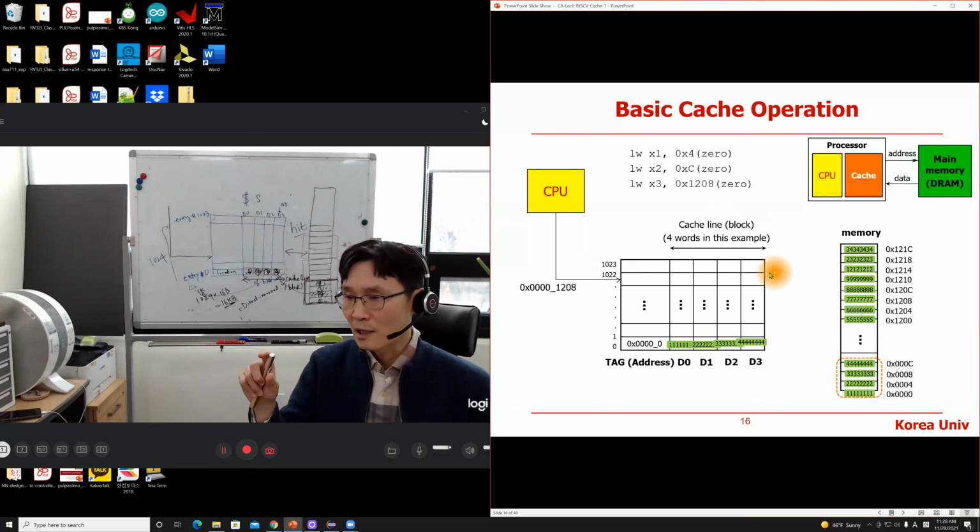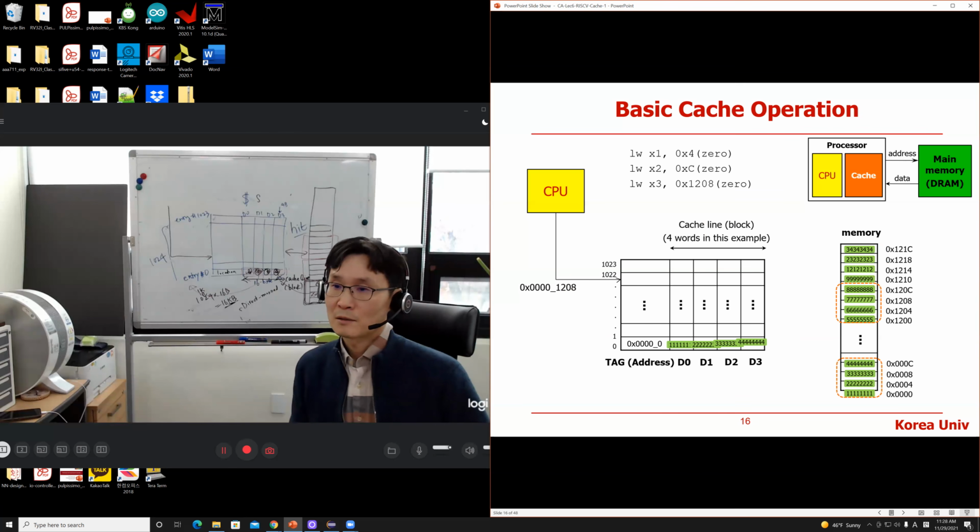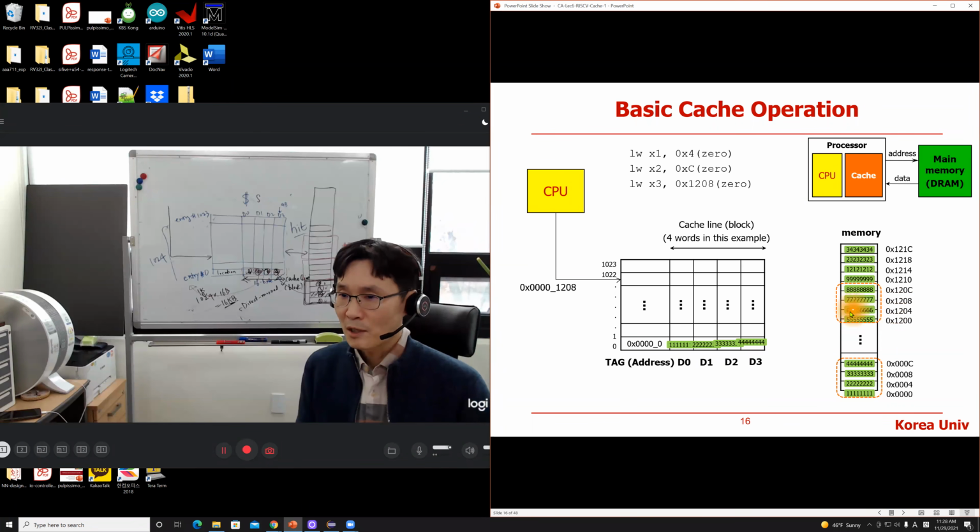The memory block containing this data, 1208, will be copied to the cache.